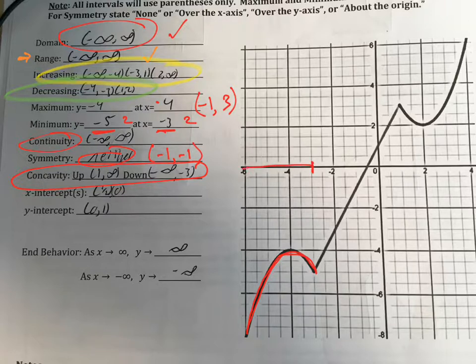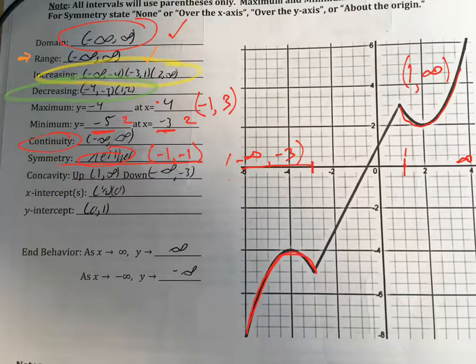From there to there, -infinity to -3, it's concave down. And from here to there, you can see, from 1 to infinity, it's concave up. Is that what you did? Yep, that looks good.